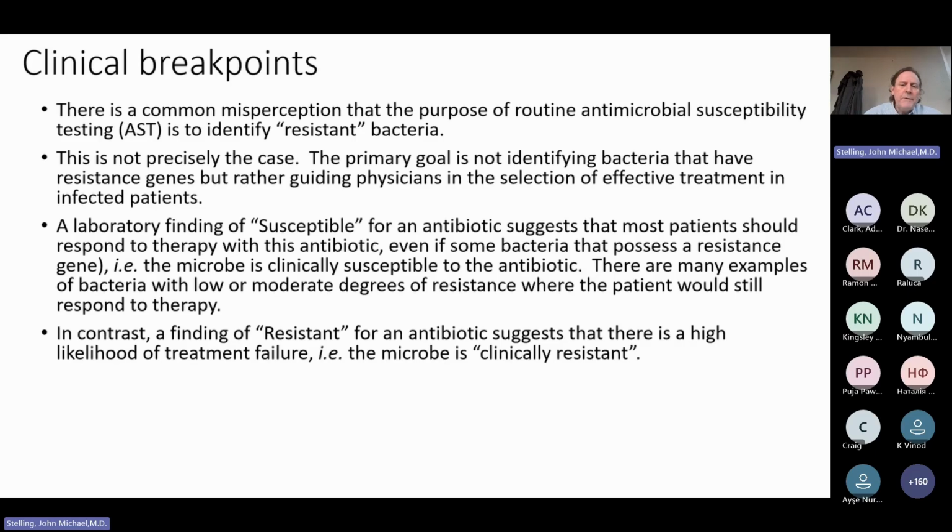There is what we call the in vivo in vitro correlation. Let me switch that. In vitro, meaning in the laboratory, in vivo correlation. A high degree of correlation means if the lab says sensitive, the antibiotic should work. If the lab says resistant, the antibiotic should not work. There is very good in vivo, in vitro correlation for things like malaria, tuberculosis, shigellosis, other things like respiratory infections.